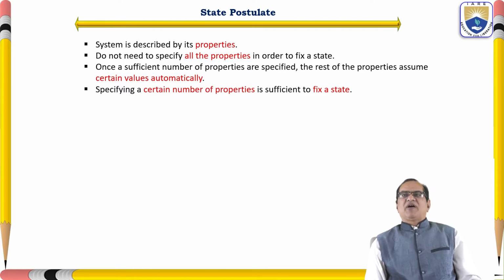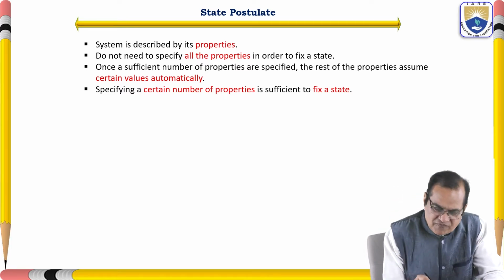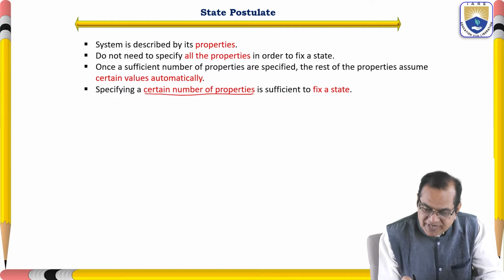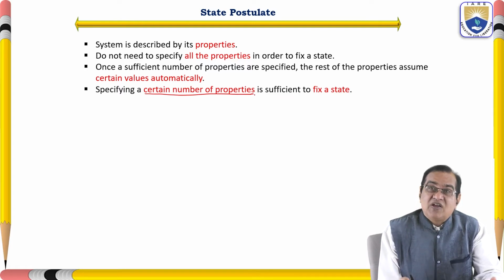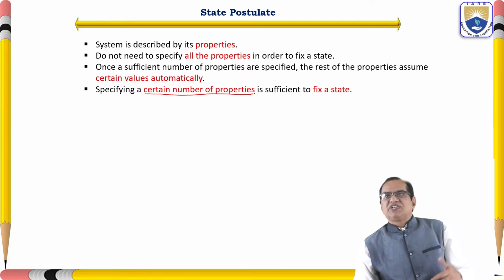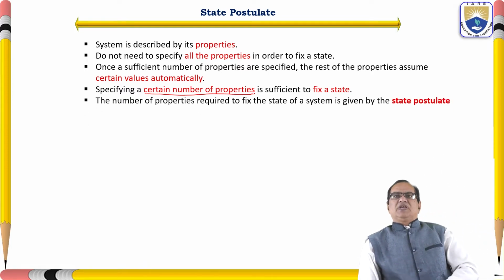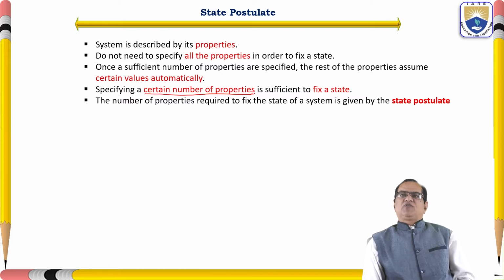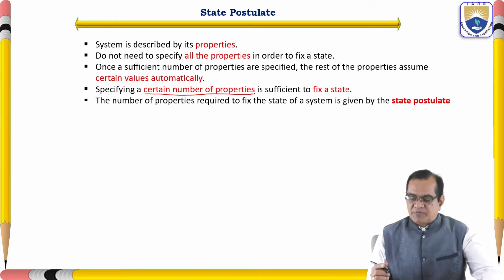Specifying a certain number of properties is sufficient to fix a state. How many properties are required, we can find from the Gibbs equation, which I will be discussing in due course of time. The number of properties required to fix the state of a system is given by the state postulate.